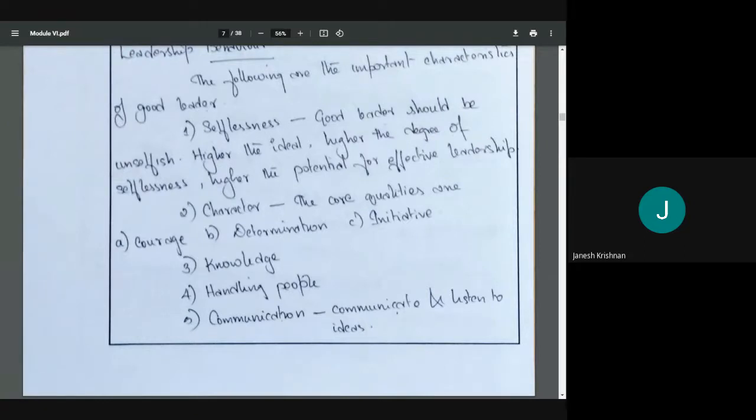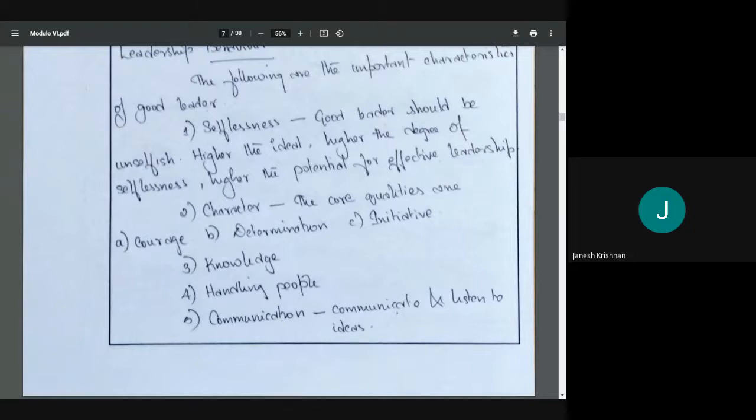In the trait approach, we have seen there are certain qualities which we look for: the drive in the person, his self-confidence, his cognitive ability and the knowledge of the business, his honesty, integrity, and motivation for leadership. All these things were desirable traits. Similar to that, it is here also.